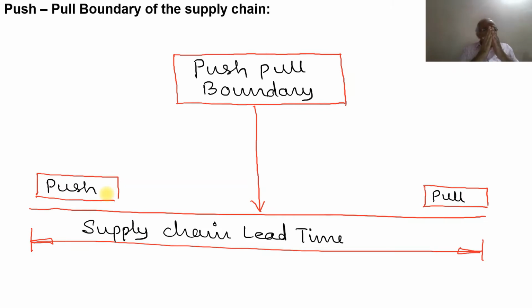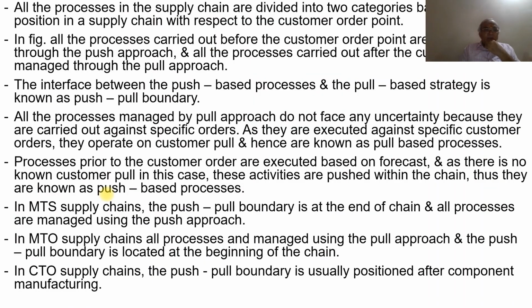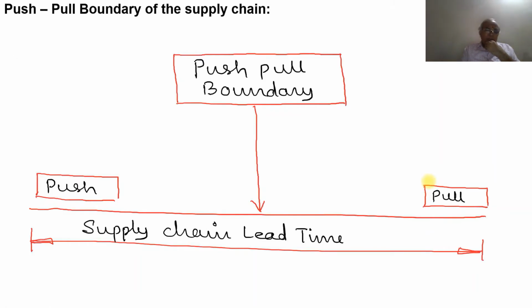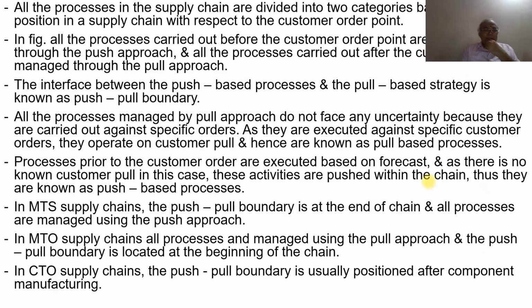They may take some data from past experience and prepare the product. Once they prepare the product, that is done prior to the customer order, so they do not have any customer relationship there. As there is no customer pull in this case, these activities are pushed within the chain. Thus they are known as push-based processes or approach.